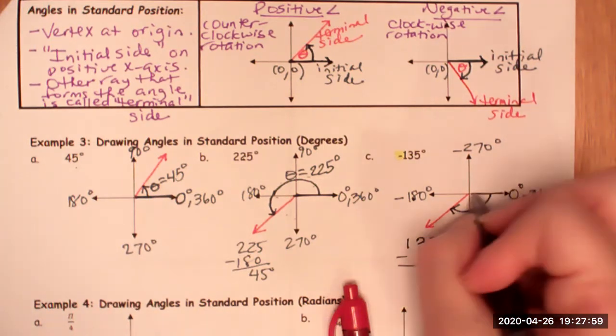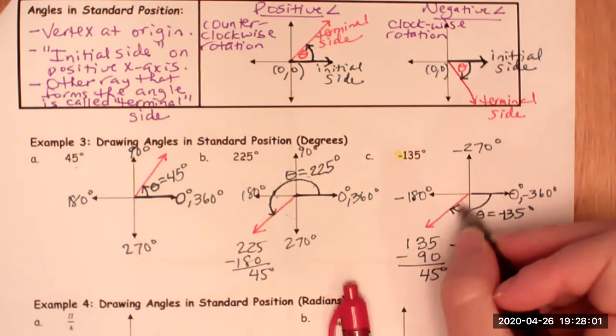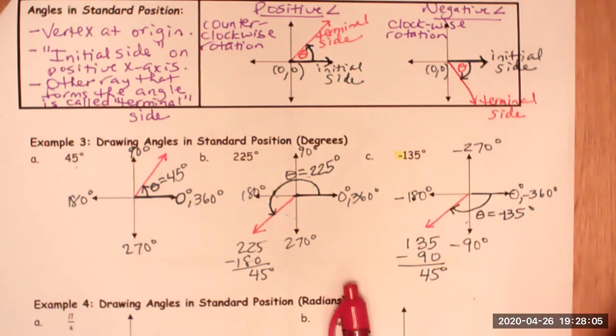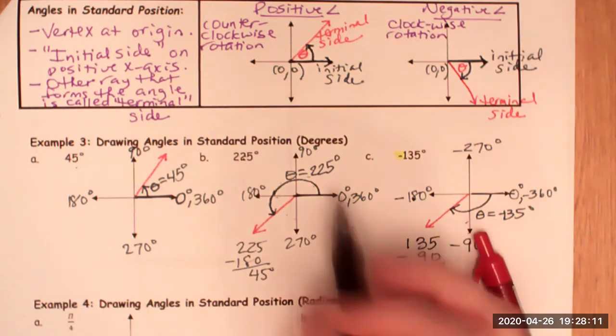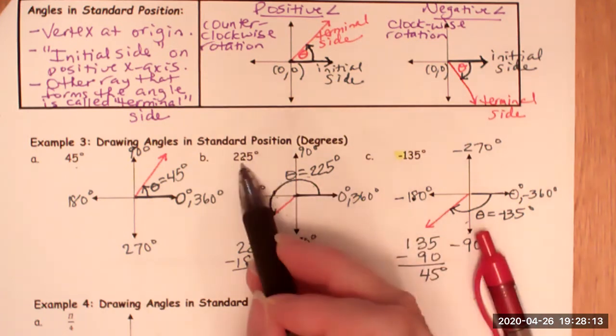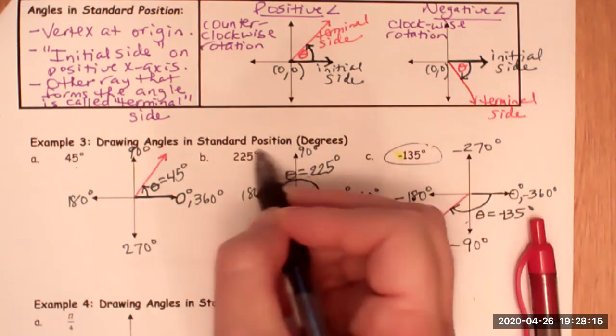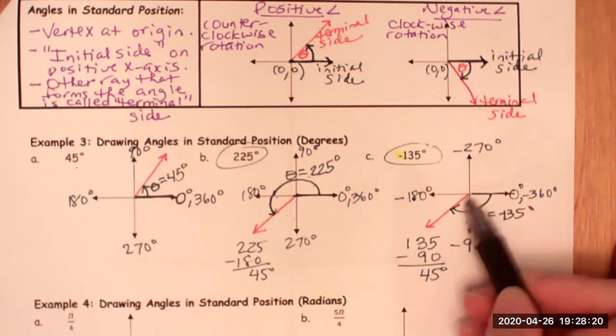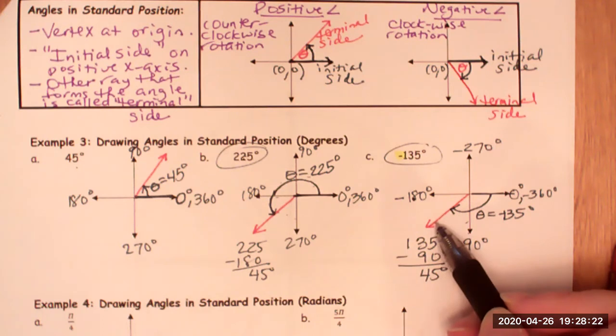Here's the initial side of the angle. Here is the terminal side of the angle. Now, something to notice here, and this is going to be addressed shortly, is that these two angles here have different values. One's negative 135, one's 225, and yet they have the same terminal side.